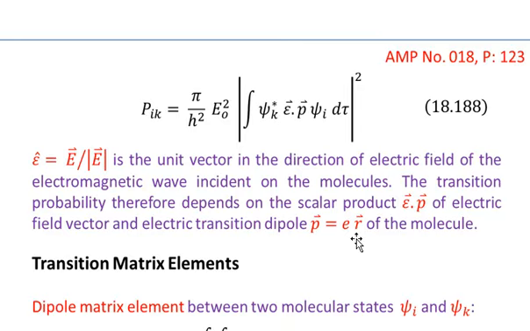When we are talking about a single transition, a single electron is involved, and that is why P vector will be equal to the single electron charge e multiplied by the radial vector of the electron.